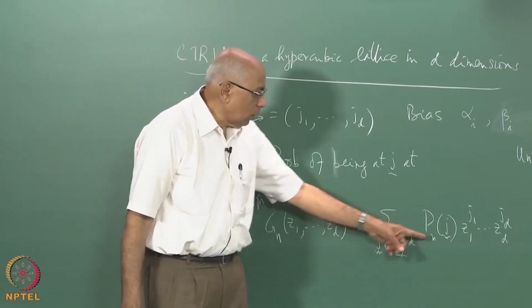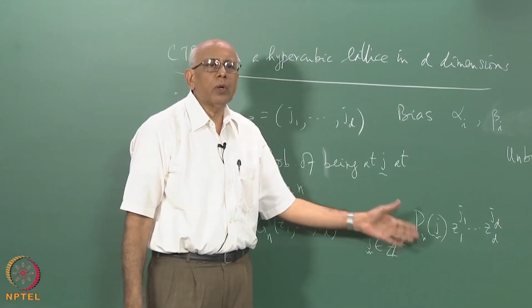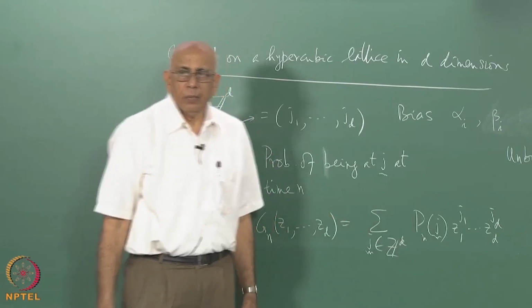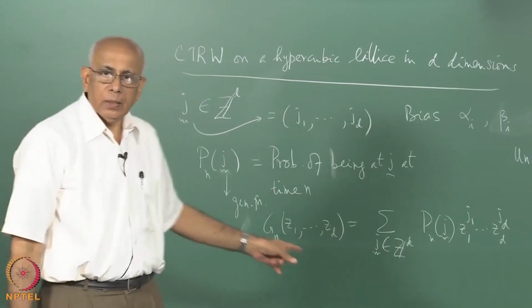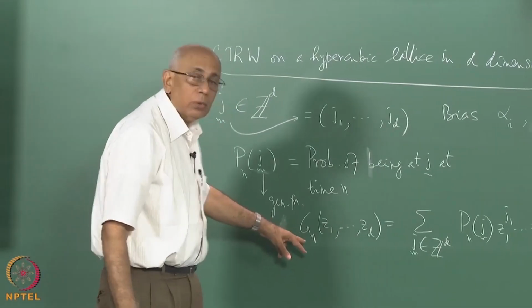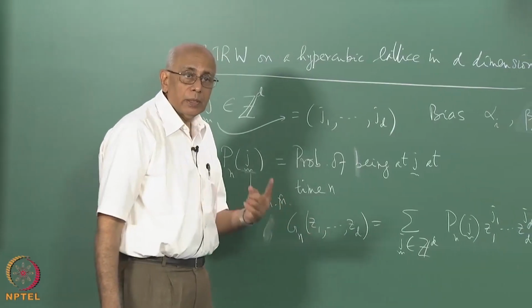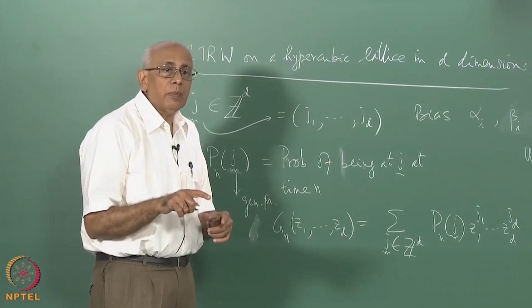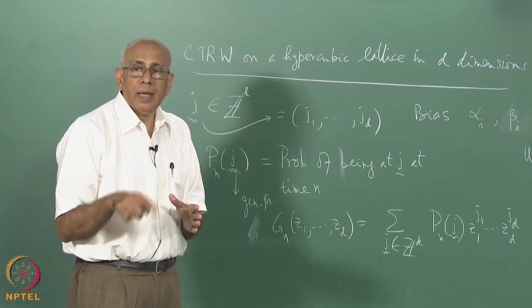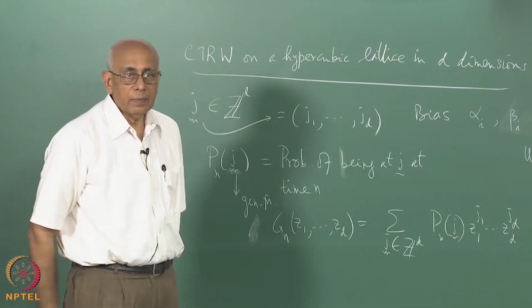Okay. This coefficient here, as we know, is a multinomial coefficient. We already know what this Pj looks like. We know what this generating function looks like. Remember, for one dimension this was P times Z, alpha times Z plus beta times Z inverse to the power n.